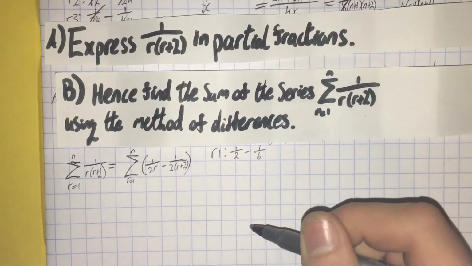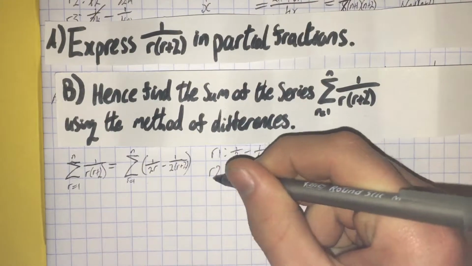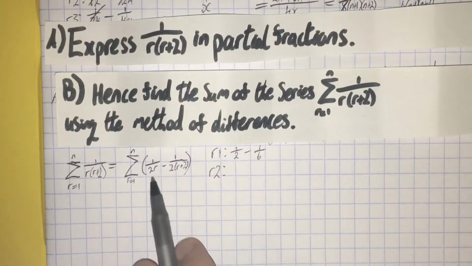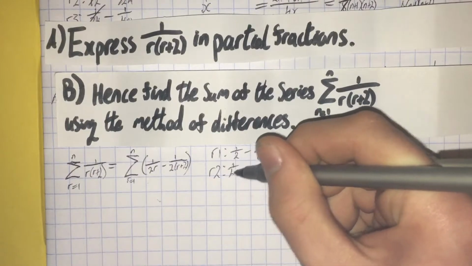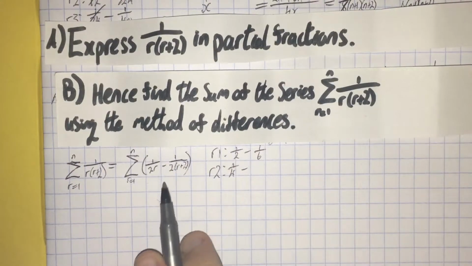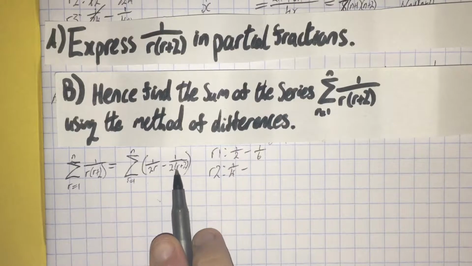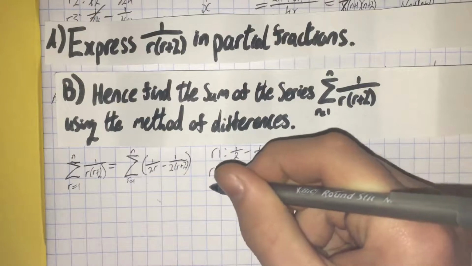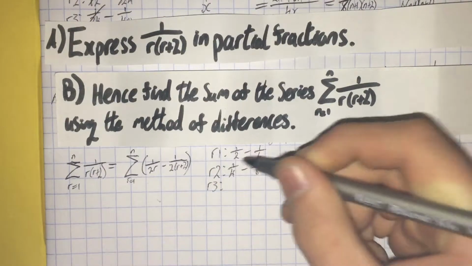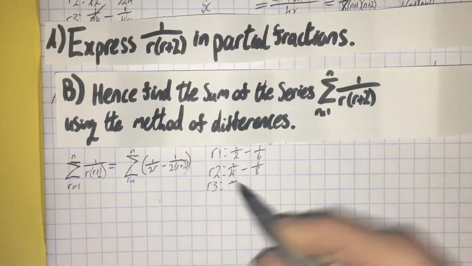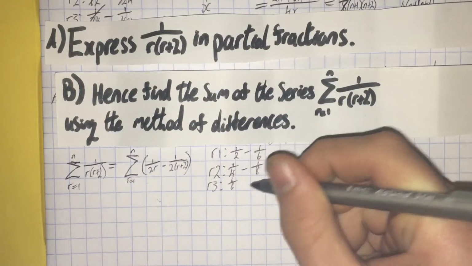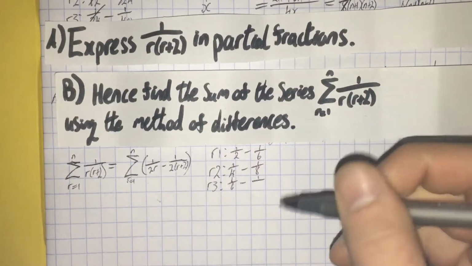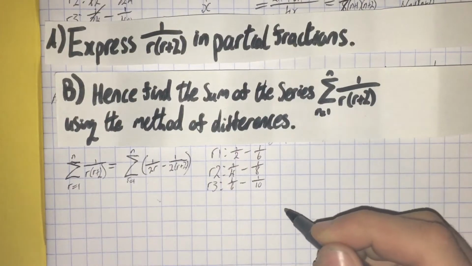When r is equal to 2, we shall get 1 over 2 times 2, that's 4, so a quarter, minus 1 over 2 times 2 plus 2, that's 4, 2 times 4 is 8, so an eighth. When r is equal to 3, we'll get 1 over 2 times 3, so a sixth, minus 1 over 2 times 5, which of course is 10.